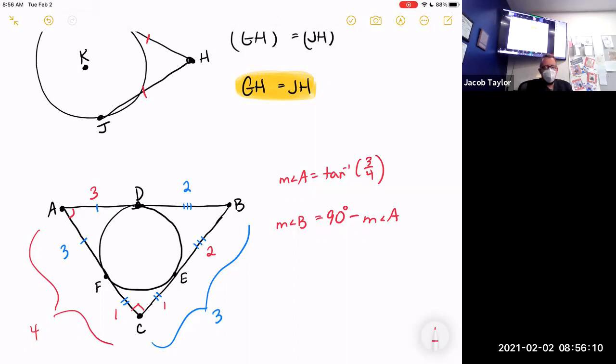And once we knew CE, we could find CF because those are congruent. And you've got some sweet trig skills that could be used to figure out all of the angles if we knew it was a right triangle. And how did we know this one was a right triangle? 3, 4, 5. 3, 4, 5 is the Pythagorean triple.